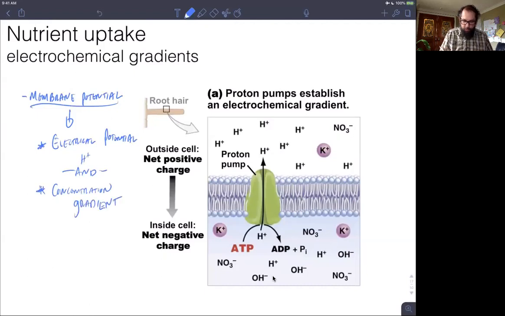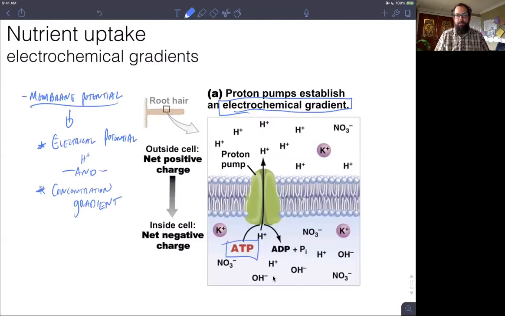And so as such, we call this an electrochemical gradient because it's both electrical potential as well as that concentration gradient. And that's established by the proton pump. And importantly, the proton pump uses ATP.